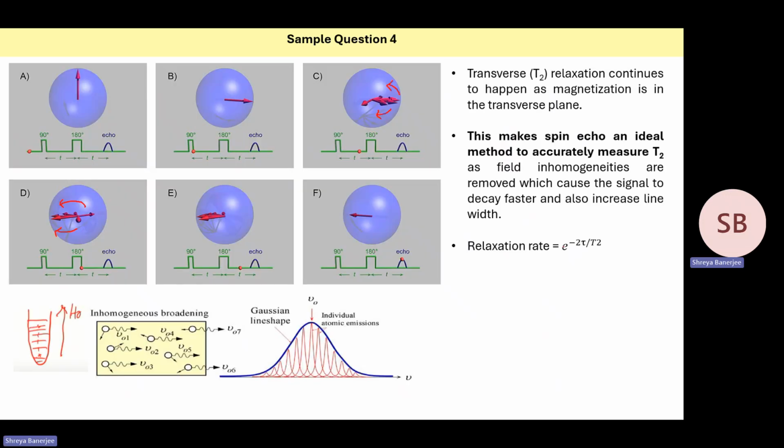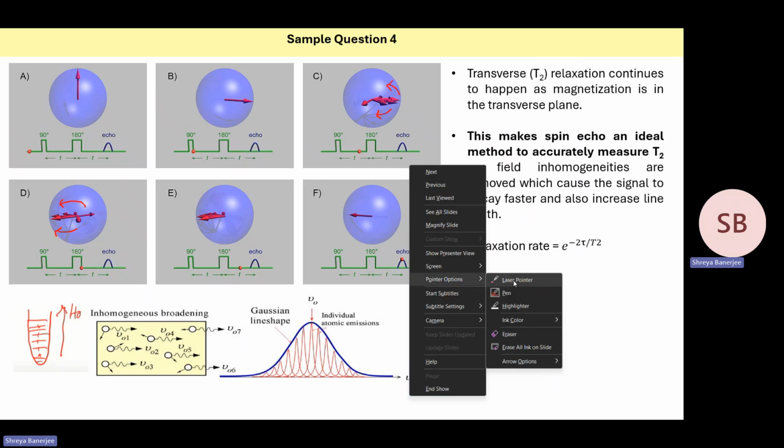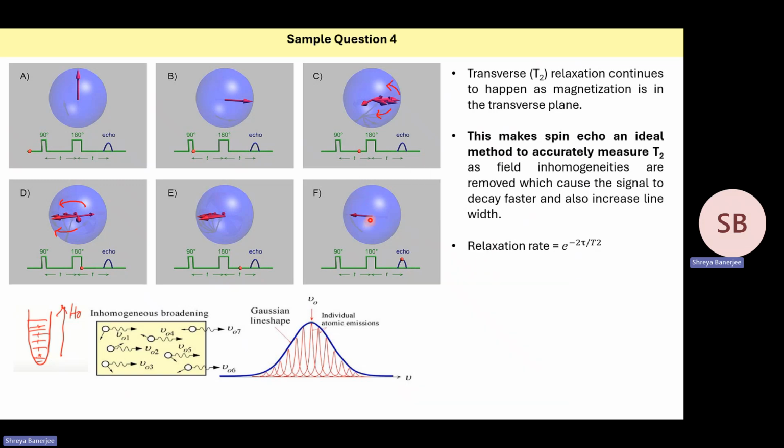Now, while all this is happening, you have to remember that the magnetization always wants to relax back to the Z-axis, which is the spin-spin relaxation. And this relaxation is e to the power minus 2 tau by T2, where T2 is your spin-spin or transverse relaxation time, and tau is the time interval you are giving.